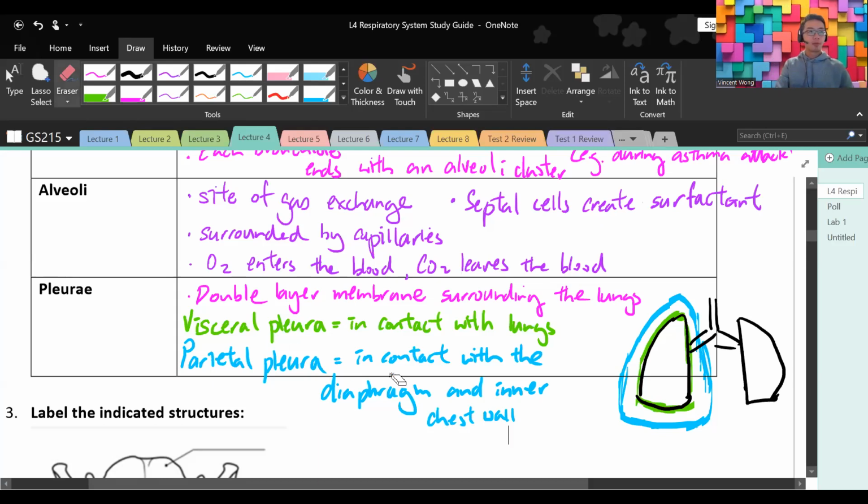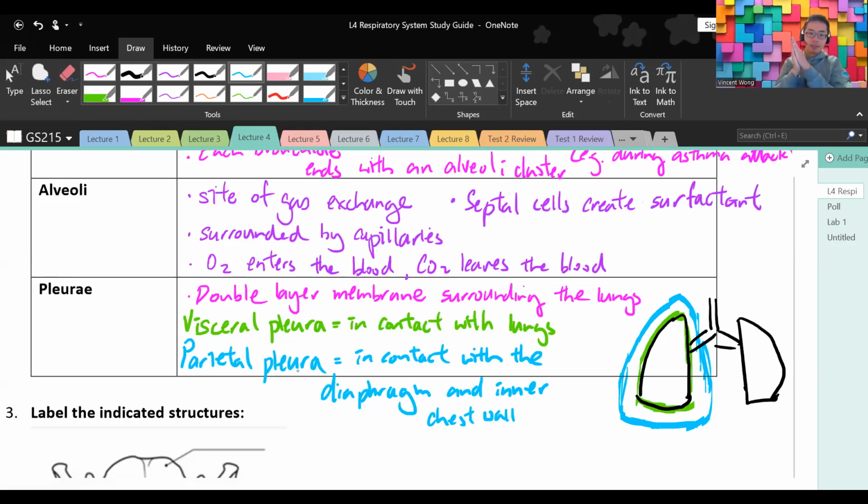Now I don't have space to write down more stuff here, but it's in the PowerPoint slides. So the two layers of the pleurae, it's plural, okay, and singular is pleura, okay, and so the two layers basically allows the movement of the chest and the movement of the diaphragm to be translated to the movement of the lungs.